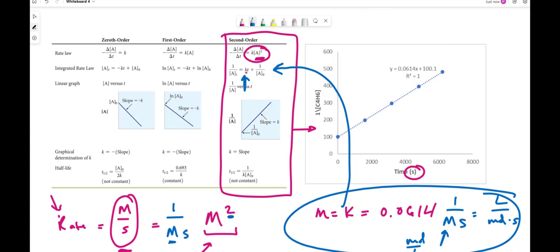So that's really the full sequence that I'd like you to be able to do: evaluate what the order of the reaction is given some experimental data, or maybe even collect that experimental data yourself. Once you know that, evaluate what the rate constant is, and in this case we can actually figure out what our initial concentration is, because we know that B here is 1 over A naught.